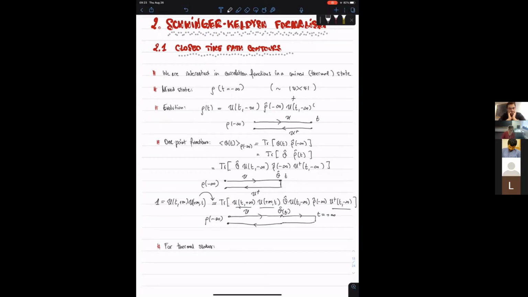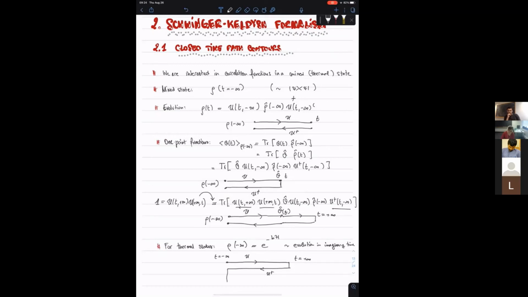And for thermal states, the density matrix has a specific form, and it can be seen as an evolution in imaginary time. So therefore, this contour for the thermal state will look like this. There is a forward and backwards evolution from minus infinity to plus infinity in real time.